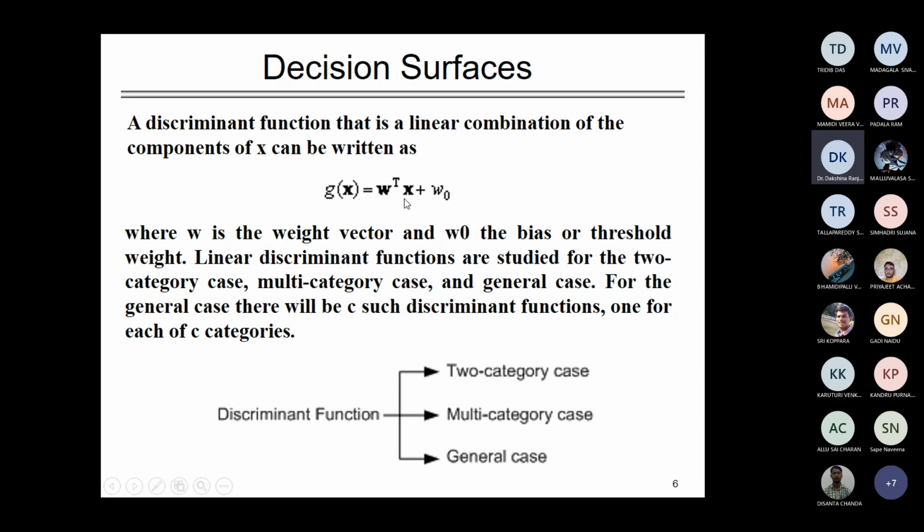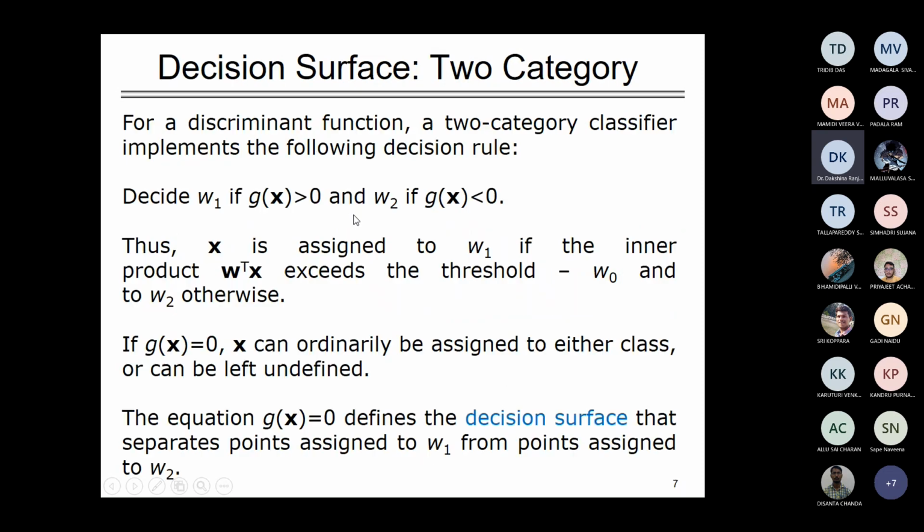That means this is the linear combination of weight values and feature values, plus the threshold weight or bias w0. If g(x) is greater than 0, we decide w1. If g(x) is less than 0, we decide w2.